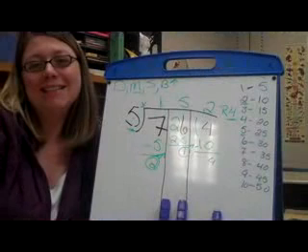Making sure I have the right answer. Here's our 14 that we're going to split into groups of 5. Let's see what we can do here. 1, 2, 3, 4, 5. One group of 5. 1, 2, 3, 4, 5. Two groups of 5. Let's see if we can go another one. It's going to be close. 1, 2, 3, 4. Not enough.